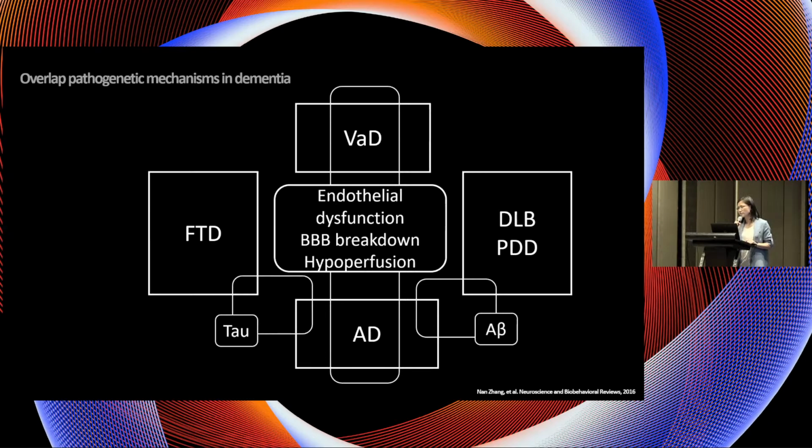And also there are several overlapping pathogeneses between AD and VaD, such as endothelial dysfunction, BBB breakdown, and hypoperfusion. Increasing evidence indicates that with ASL, we can identify AD from other types of dementia. And furthermore, ASL can explore the overlapping pathogenetic mechanism in dementia.